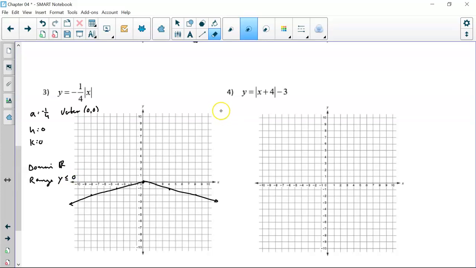Number 4, A is 1, H is -4, and K is -3. So our vertex is at -4, -3. And then A is 1, so we're going to go up 1 to the left, up 1 and to the right, and we just keep adding points up 1 over 1 in both directions.